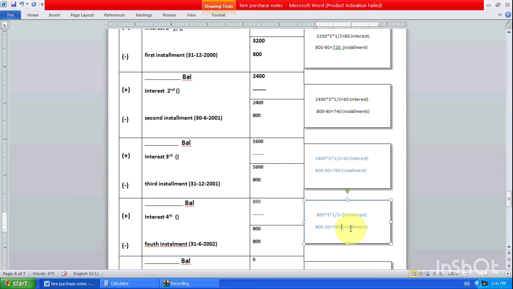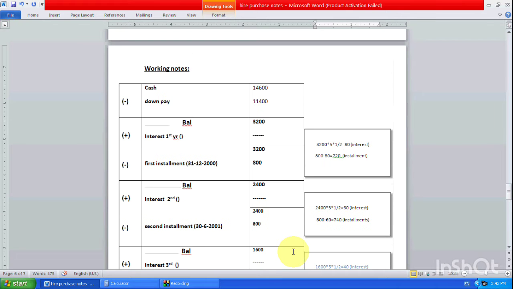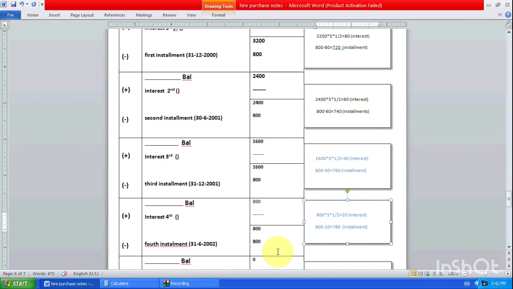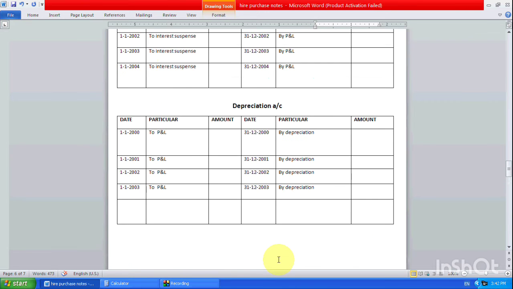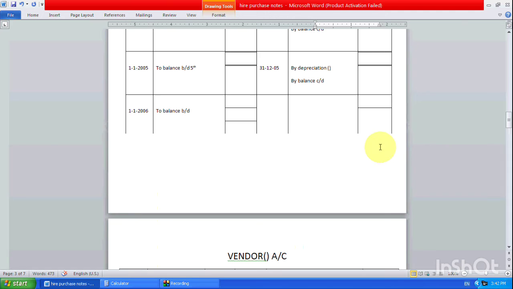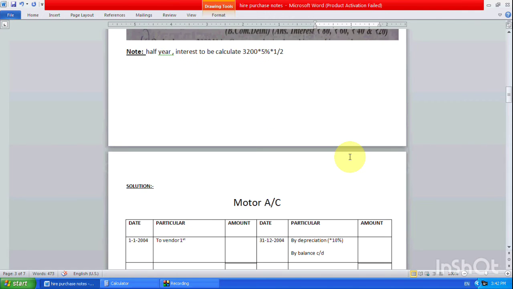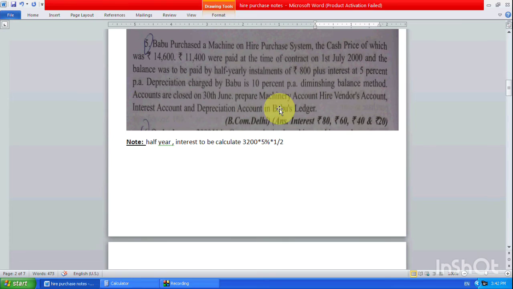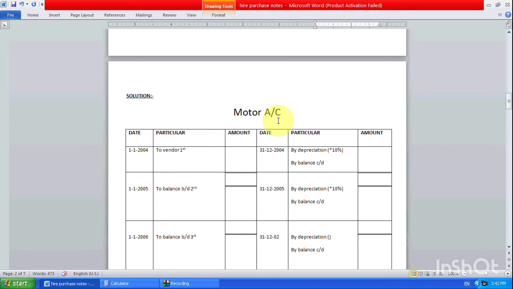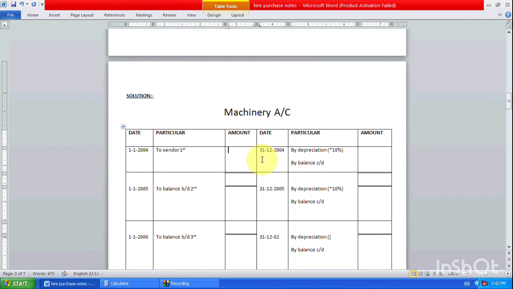Interest is included in the installment, so we have to separate interest and installment to see what is to be paid for the ledgers. What is purchased? A machine is purchased on hire purchase system. First we have to prepare the machinery account. Remove the word motor and make it machinery account. It starts from 1st July 2000.